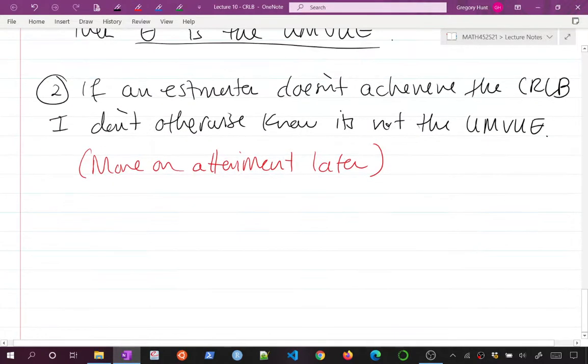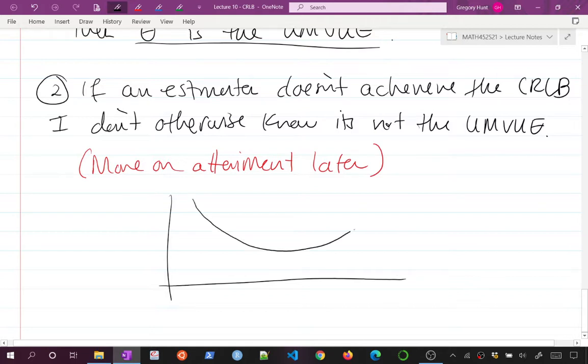Graphically, it's possible that the situation is like this, where you have the UMVUE here, and you have all other estimators which have a higher variance.